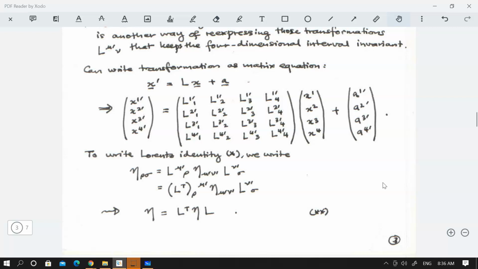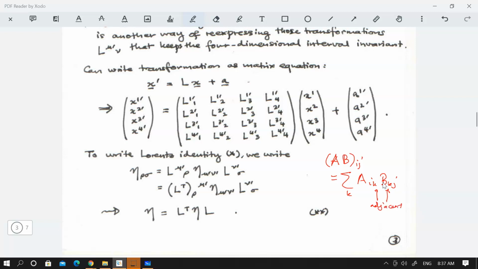When you do matrix multiplication, for example matrix A times matrix B, and you look at the ij-th element, this comes from the sum over k of a_ik b_kj. You can see that the dummy index is adjacent to each other.